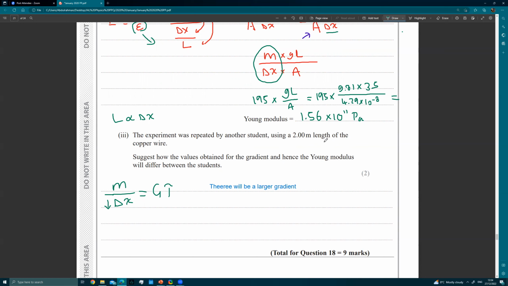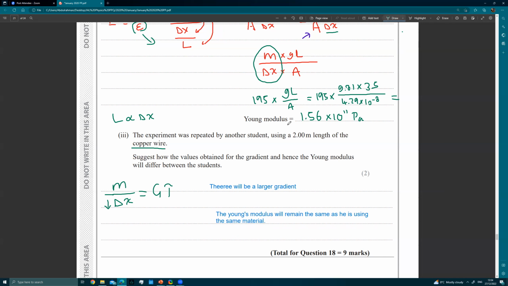It only depends on the material. And because he's still using copper, which is what he used before, the Young's modulus will not be impacted. The Young's modulus will remain the same as he is using the same material.